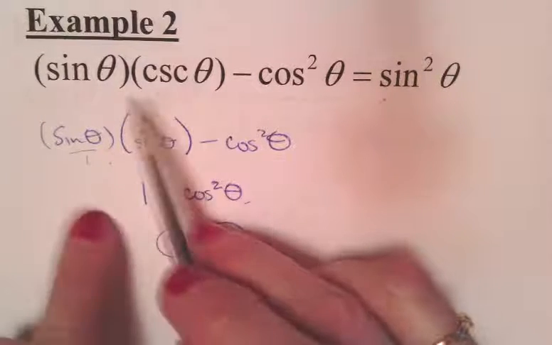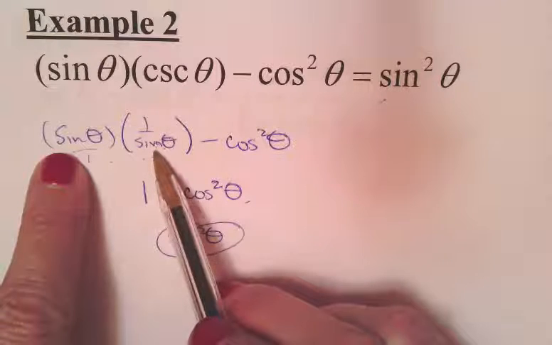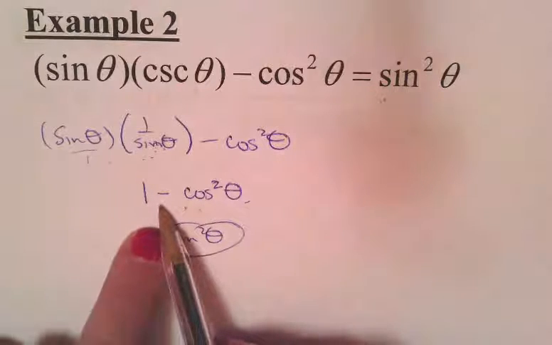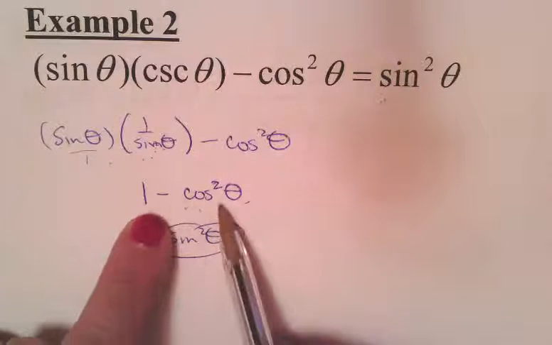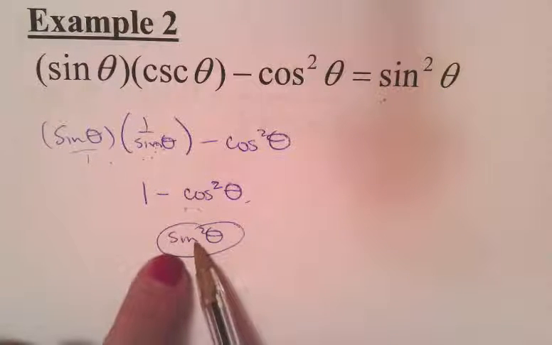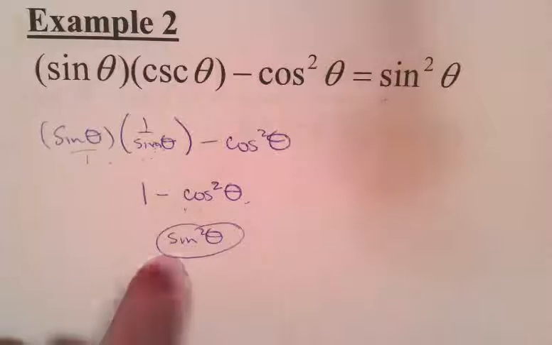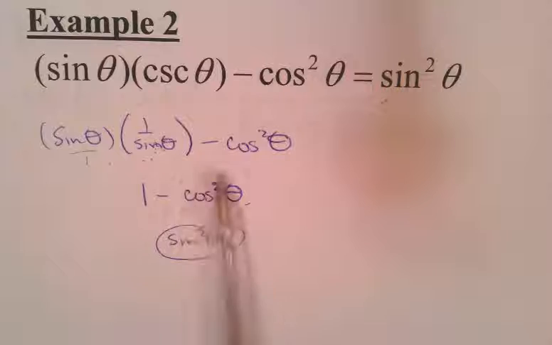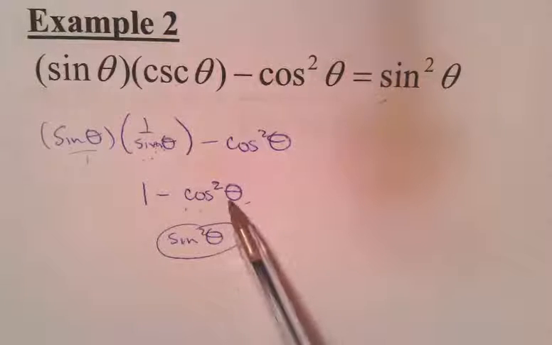So I did a trig step first, wrote cosecant is 1 over the sine. I multiplied those together to get 1. That's an algebra step. And then this is equivalent to sine squared. And those are my steps to get there. And again, if you get stuck, my hint was to use 1 minus cosine squared equals sine squared.